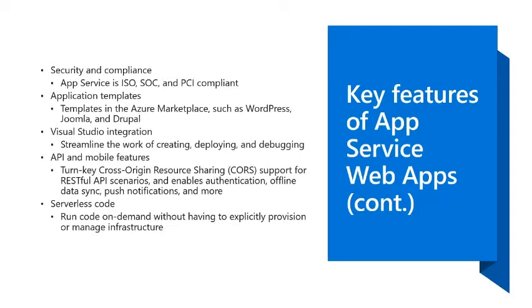Create IP address restrictions and manage service identities. So from a security and compliance perspective, it's really good. App service is ISO, SOC, and PCI compliant, so you don't have to worry about any compliance. And you can integrate security using Azure Active Directory or other social logins like Google, Facebook, Twitter.